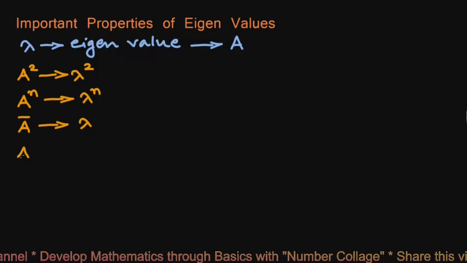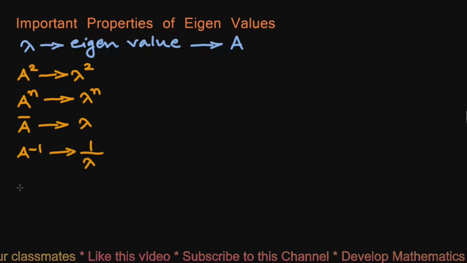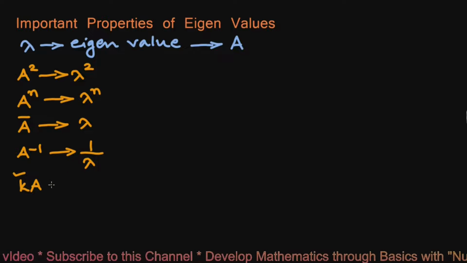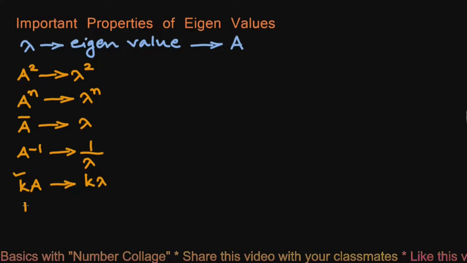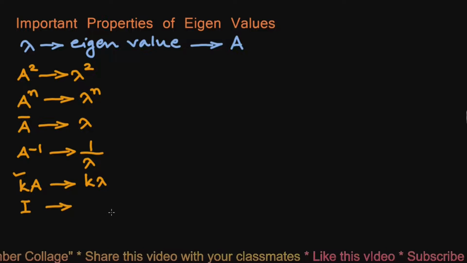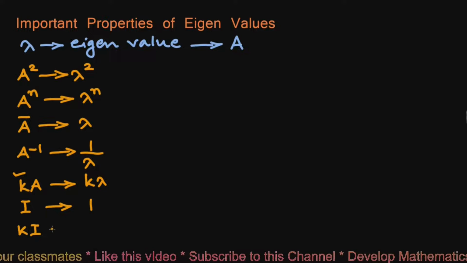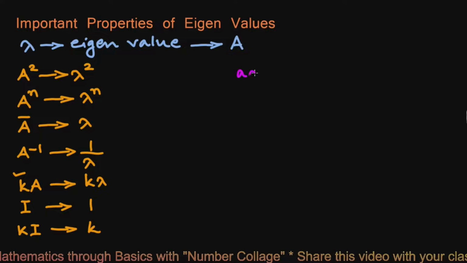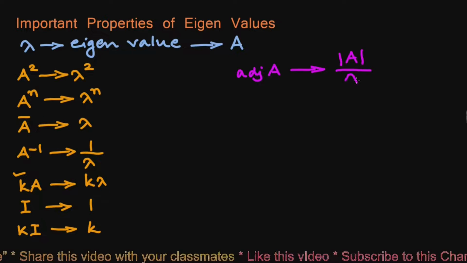Eigenvalue of matrix A inverse is 1 by lambda. Of matrix kA, where k is a non-zero scalar, its eigenvalue will be k times lambda. Of identity matrix I, it is 1. Of kI, where k is a non-zero scalar, is k. Eigenvalue of matrix adjoint of A is determinant of A upon lambda.